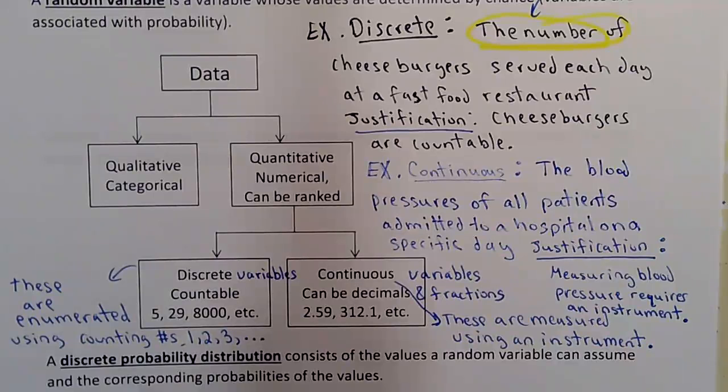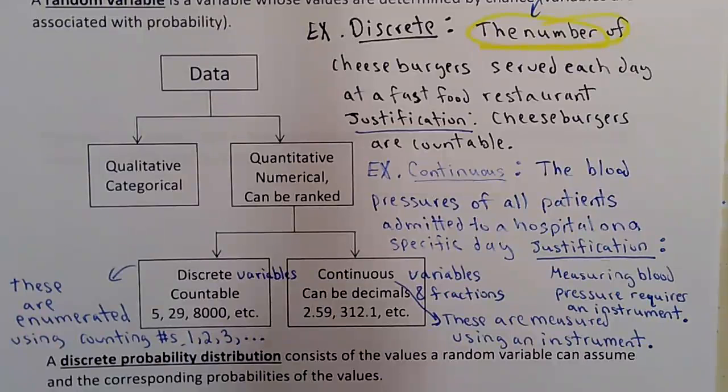Okay. And then it talks about a discrete probability distribution. So now we're talking about what are some examples of that, or what does that consist of? It consists of the values a random variable can assume and the corresponding probabilities of the values.